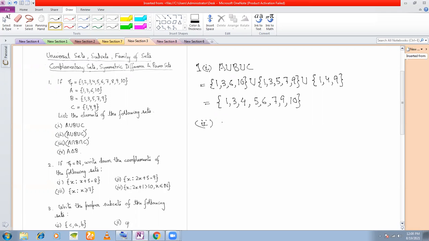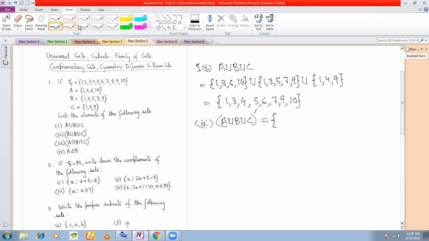Next is A union B union C complement. Now what is A union B union C complement? These are all those elements that are there in the universal set, but not there in A union B union C. So exclude these elements.